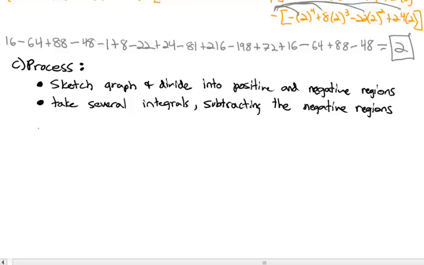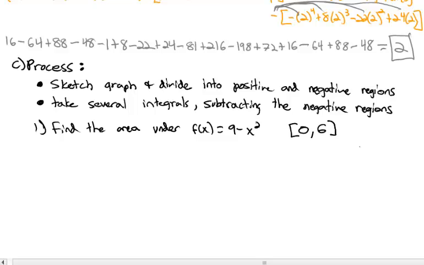So for instance, if we are asked to find the area under f of x equals 9 minus x squared on the range from 0 to 6, we're first going to graph a picture of what this looks like.